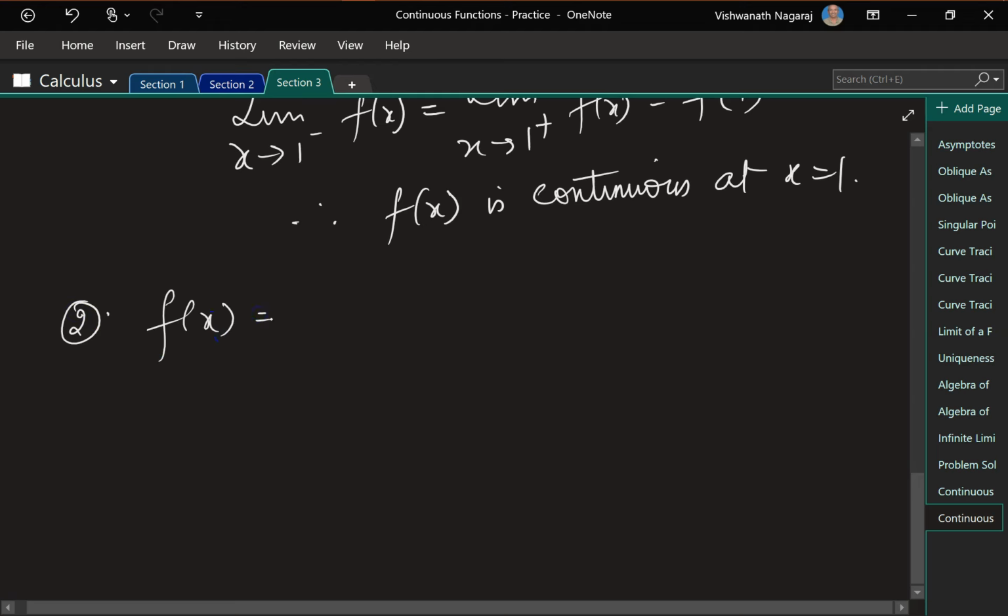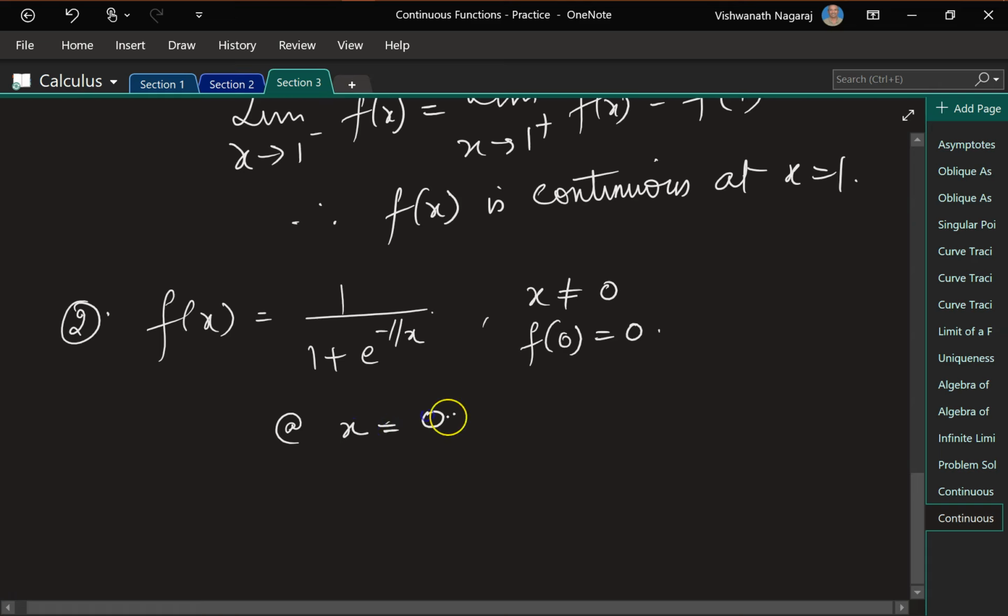f of x is equal to 1 by 1 plus e to the power of minus 1 by x. Here x is not equal to 0 and f of 0 is equal to 0. This is the statement. Now what we have to figure out is whether it is continuous at x equal to 0.